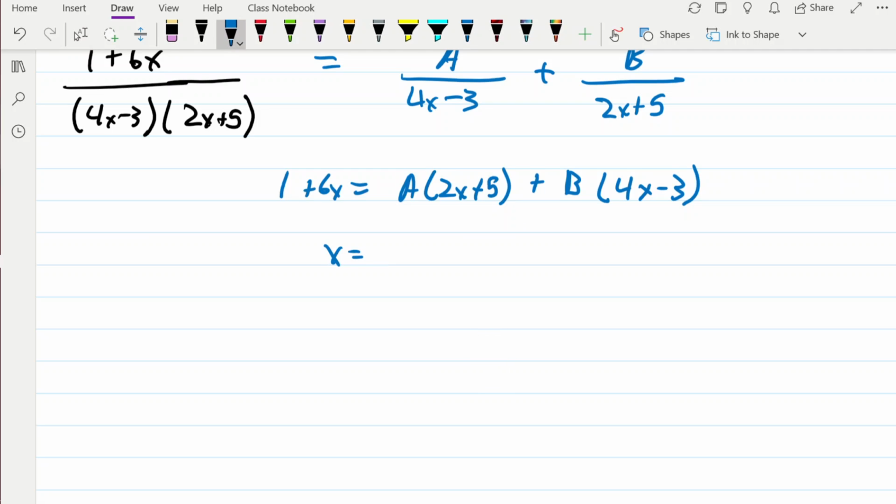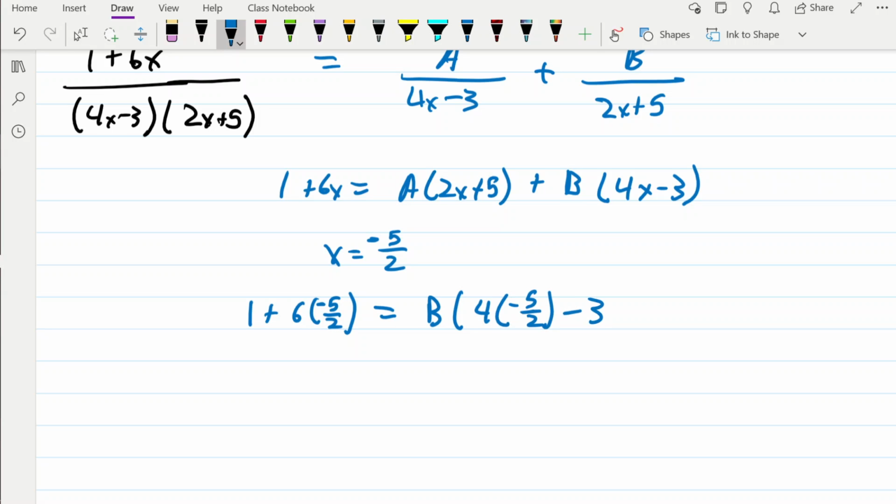So we can set x equal to negative 5 over 2. So we'll get 1 plus 6 times negative 5 over 2 equals, that cancels out, actually no, it needs to be negative. So that we can cancel out a and we just get b times 4 times negative 5 over 2 minus 3.